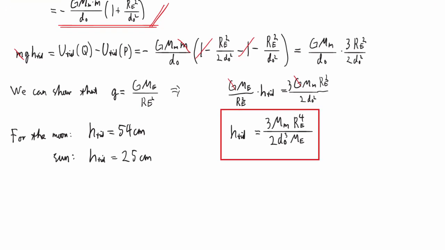There are two extreme cases. So if we take, this is the Earth here, then if the moon is here and the sun is there, then the two tides will add up, right?